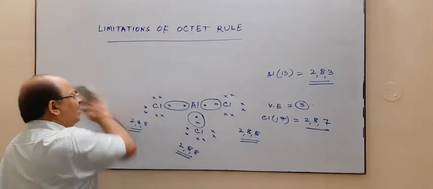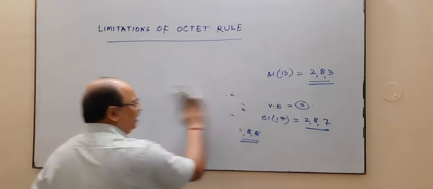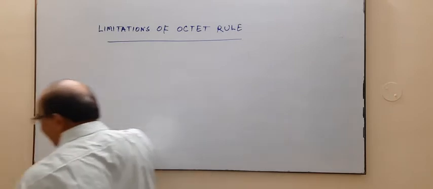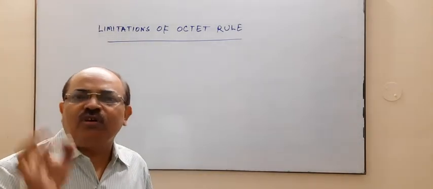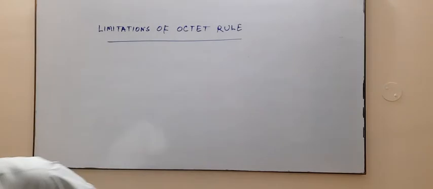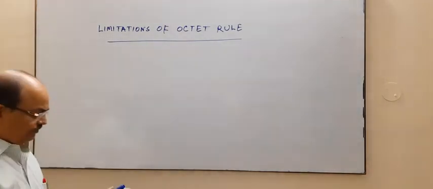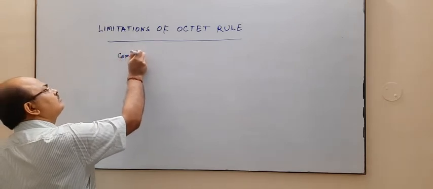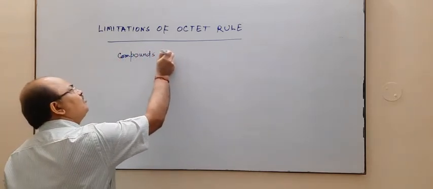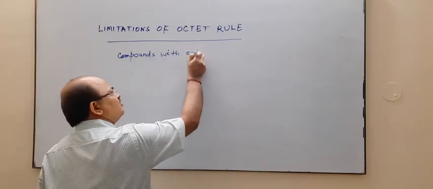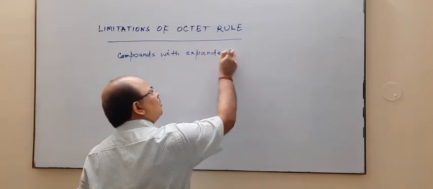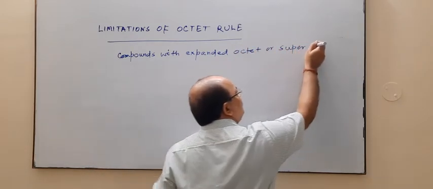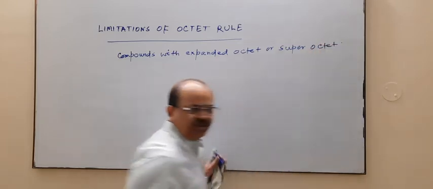Now there are certain compounds in which we have more than 8 electrons, that is they have expanded octet, or you can say superoctet. So the topic is compounds with expanded octet or super octet.